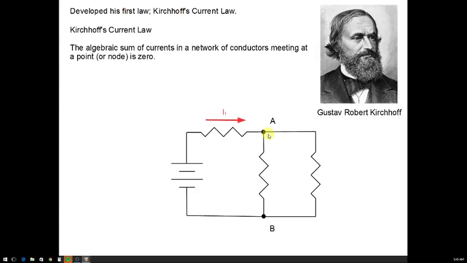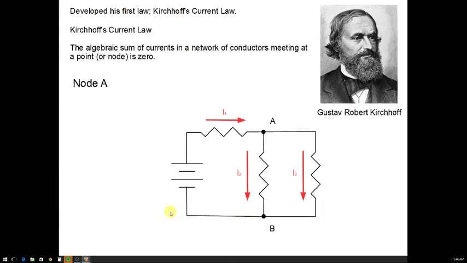Flowing into node A, I've referenced this current, labeled I sub 1, just so we can keep them apart. Then we have a current flowing in this resistor from A to B, referenced I sub 2. And we have another current flowing from A to B through this other resistor, I sub 3.